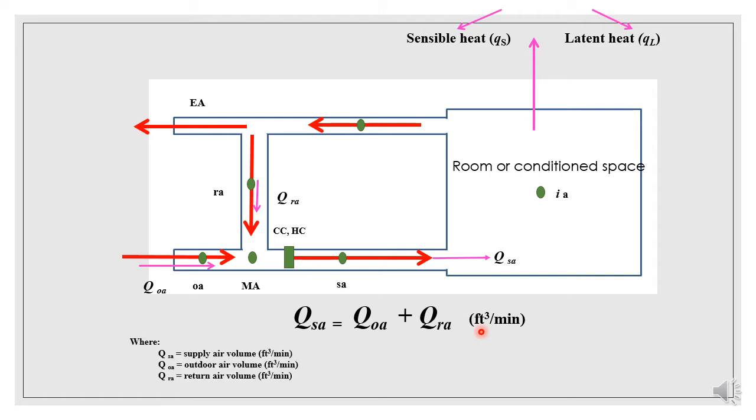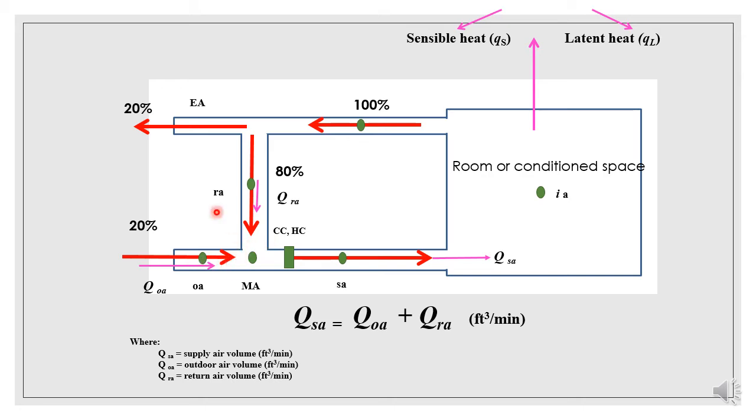Right, and the quotient of the volume of every type of air: here in this case we have 100% return air from the room, or you can also say that it is room air. Then 20% of it will be exhausted to the ambient, and 80% of it will be returned to the AHU, and before the AHU it is mixed with the outdoor air.